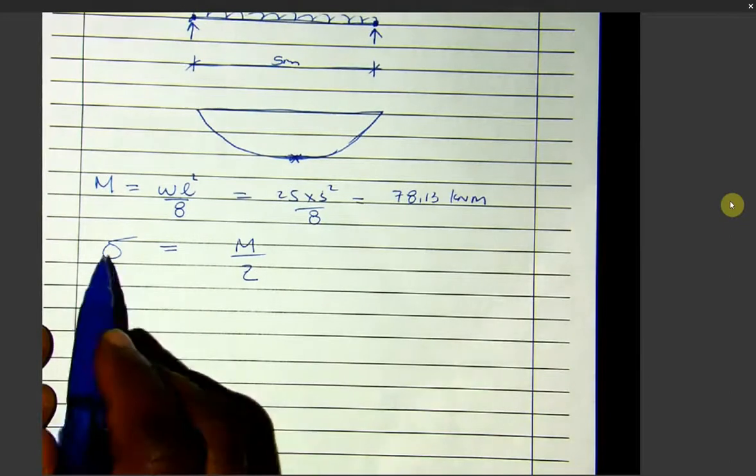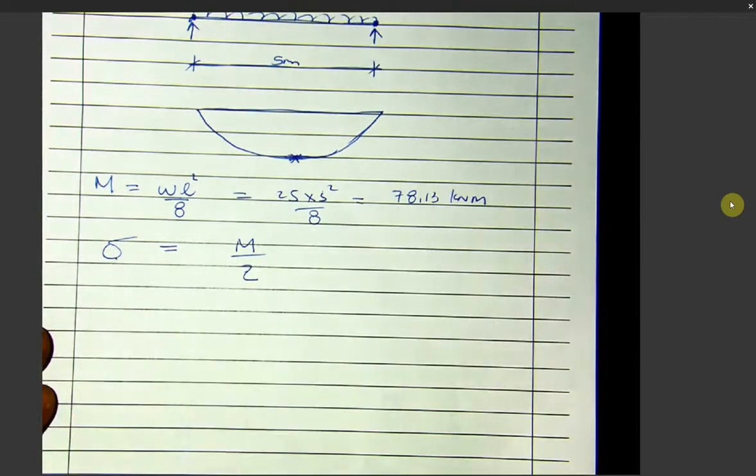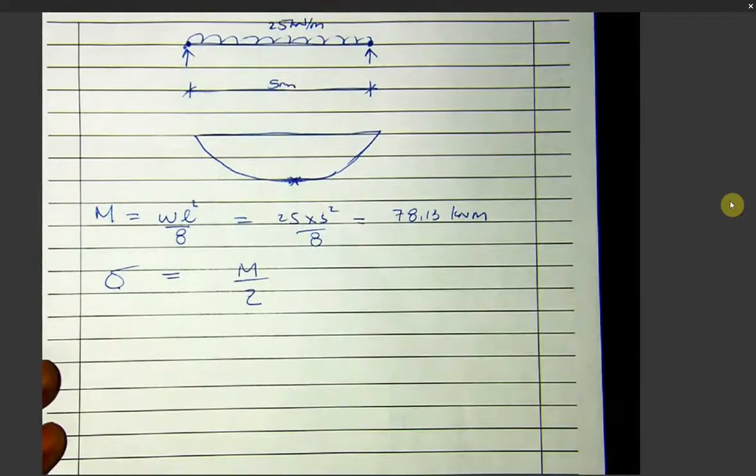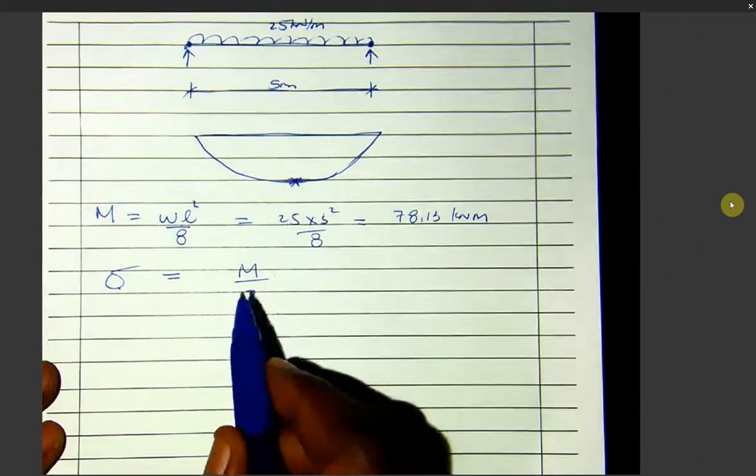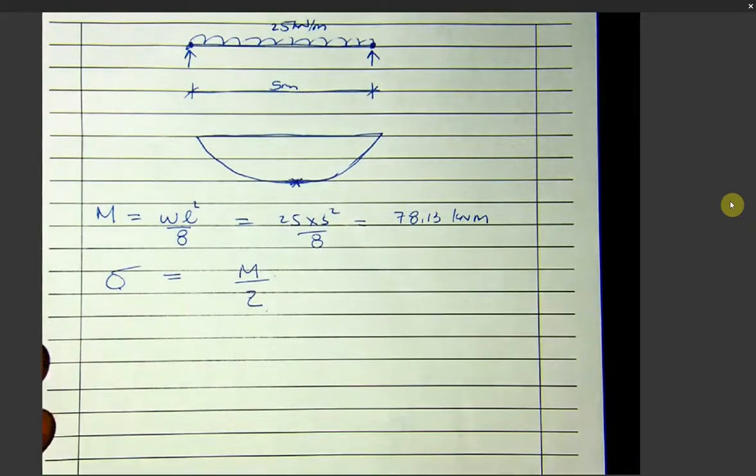Remember, the bending stress is equal to M over Z. So the question is, you've got M, what is Z? That's the most important question that we must ask ourselves.